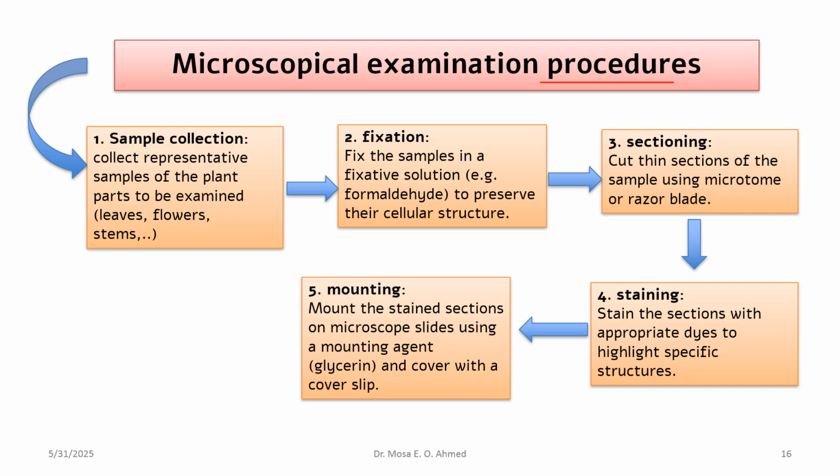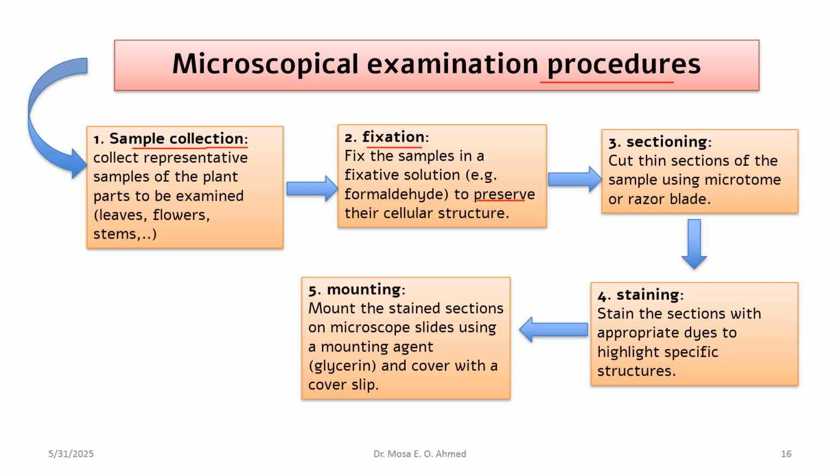First of all is sample collection, which means collecting a representative sample of the plant part to be examined, whether it is the leaf, flower, stem, seed, and so on. The second step is fixation, carried out by using a fixative solution such as formaldehyde to preserve the cellular structure.